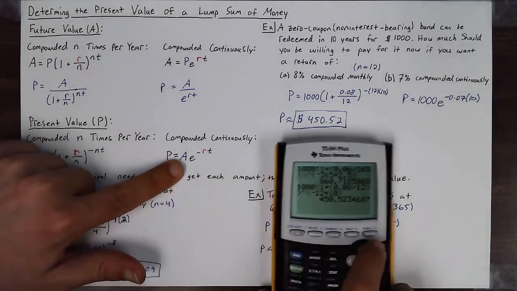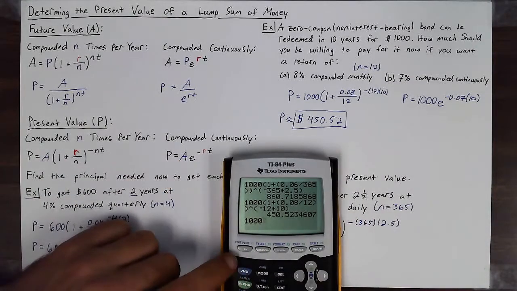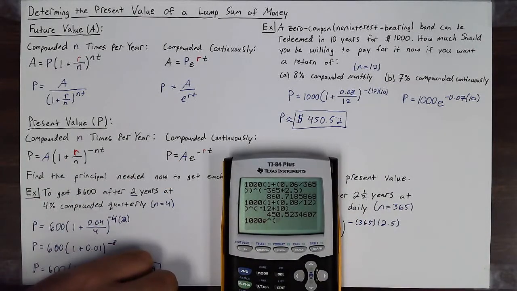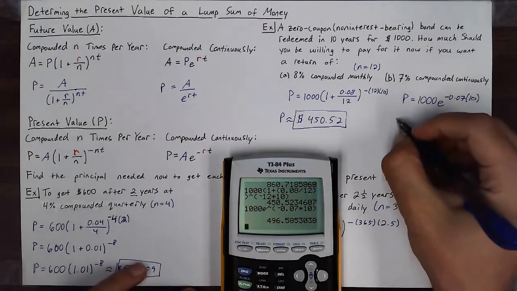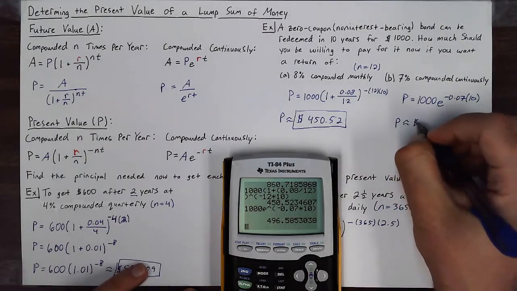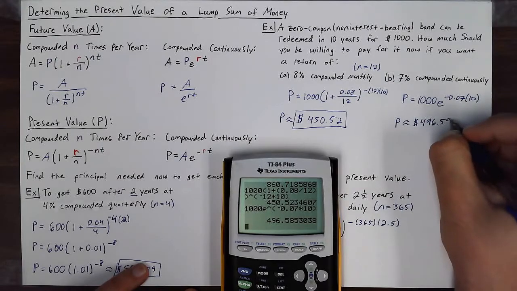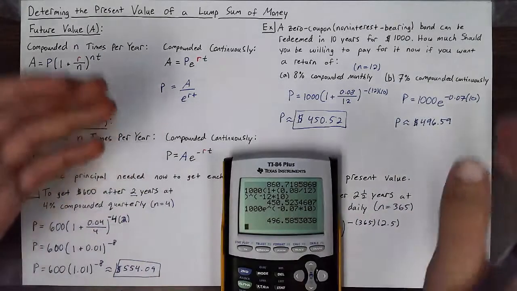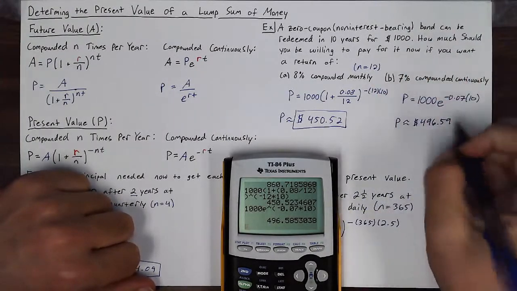So plugging that in, we'll have 1,000 times e to the negative 0.07 times 10 power. And we would need to purchase that bond for $496.59 if we want to get that outcome of $1,000 after 10 years following the 7% compounded continuously deal.